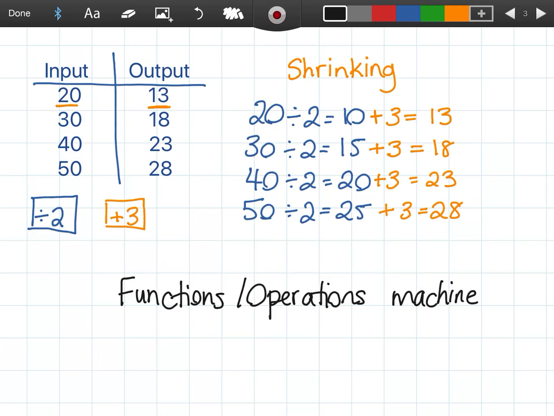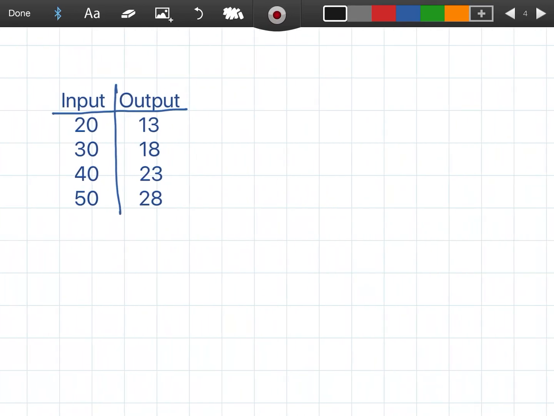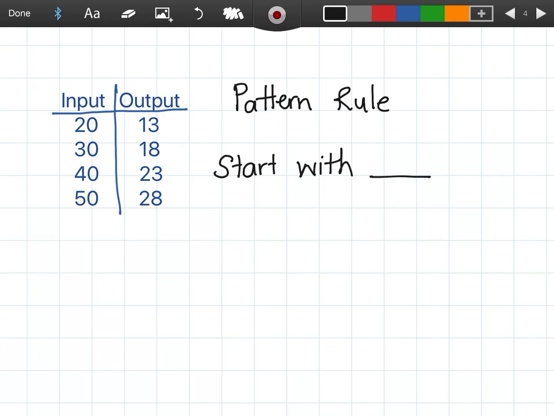The other situation that people are going to ask you to look at is things like a pattern rule. When we look at pattern rules, you have to start with a statement that says start with. You've got to tell them what number the pattern starts at so that people can replicate this pattern, and then you have to tell them what they did after that. So let's create the pattern rule for the input column.